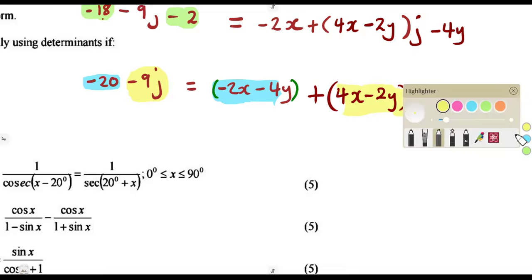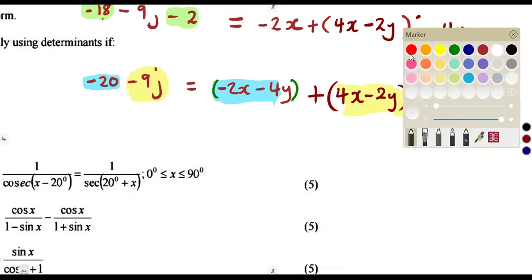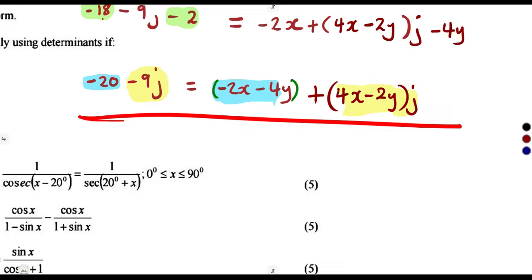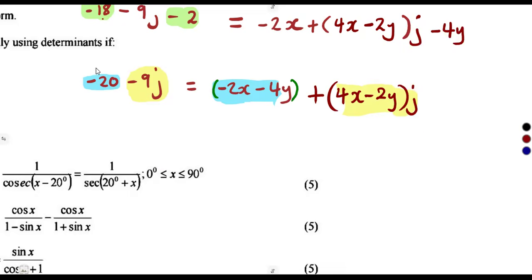So we are going to formulate separate equations from here. The real part, minus 20, must be equal to this. So we have minus 2x minus 4y is equal to minus 20. You have formed an equation.